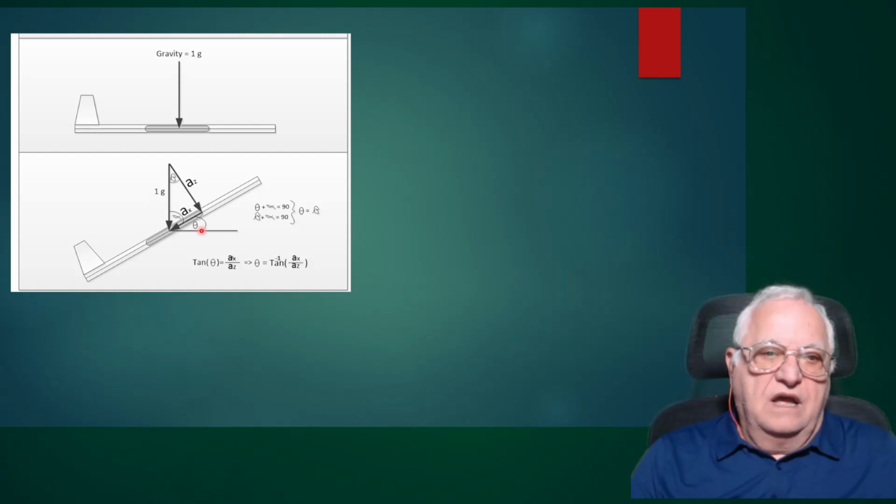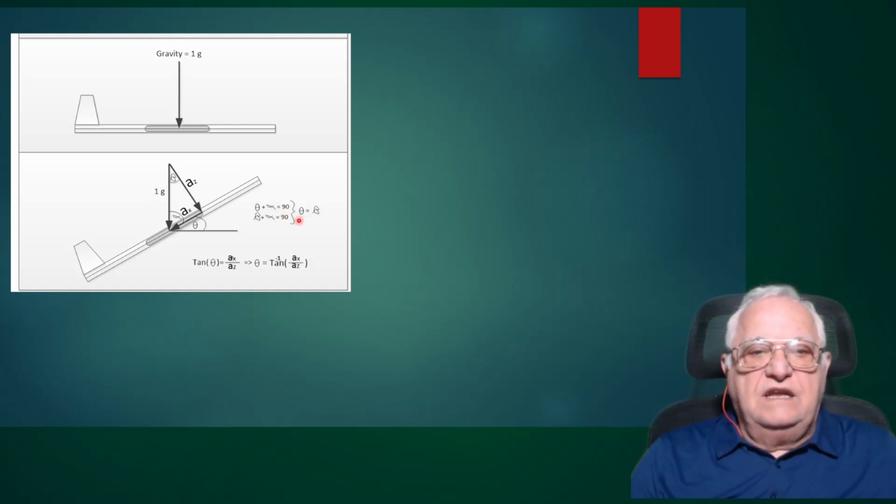So we get that data from the accelerometer, and we have to figure out how to get the theta angle. If we look at this triangle, we see that alpha plus beta has to be equal to 90 because this is a 90 degree angle. So alpha plus beta is 90 degrees. On the other hand, alpha plus theta has to also be 90 degrees. So by looking at these two equations, we figure out that theta and beta are the same angle.